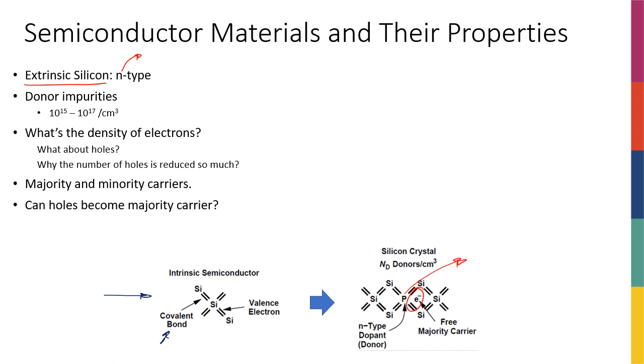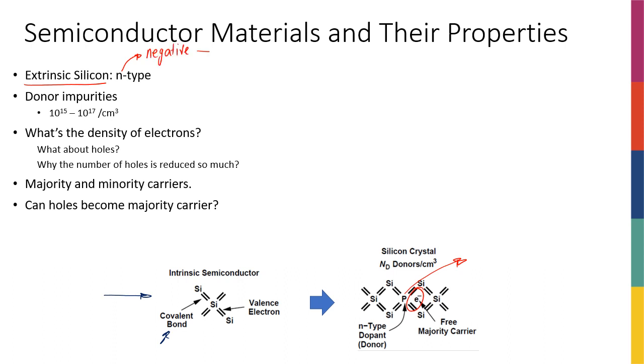So we have two different charge carriers, right? We have electrons and holes, electrons representing the negative charge carriers and holes representing the absence of electrons, or the positive charge carriers. Since we're introducing an extra negative charge carrier into this crystal, we're going to call this negative-type silicon, or n-type silicon, right?